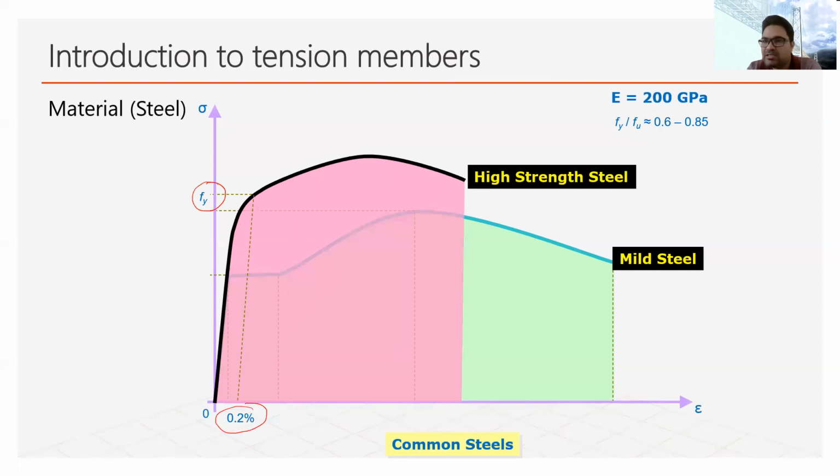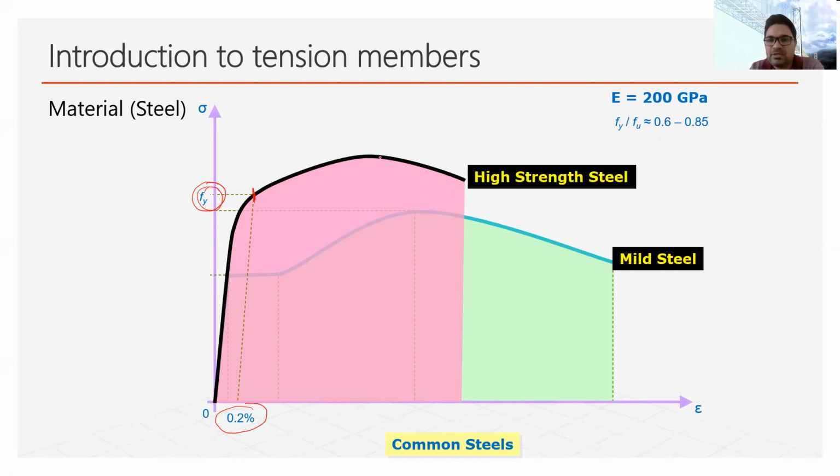I have mentioned this earlier also, that in high strength steel we do not have a clearly defined point for the yield strength. So in that case, we consider 0.2% of the strain, and parallel to this, we draw a line that cuts the curve, and the point where it cuts we consider as the yield strength of the high strength steel.